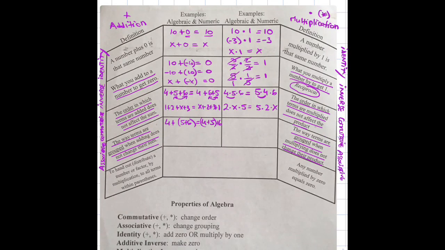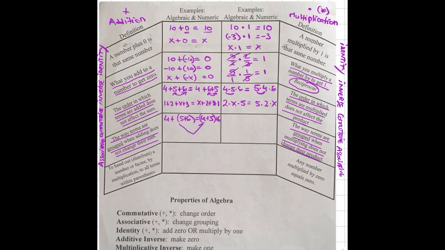What did change is the parentheses. I want you guys to remember that the parentheses is a symbol for grouping. So to associate means to group. So what changes in the associative property is the groupings or the parentheses.